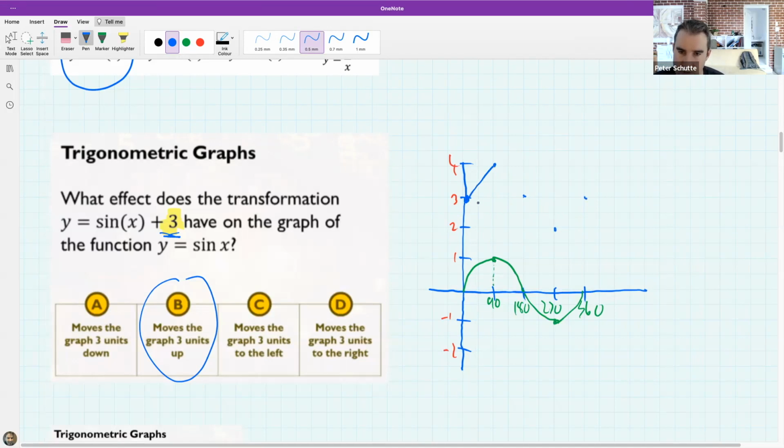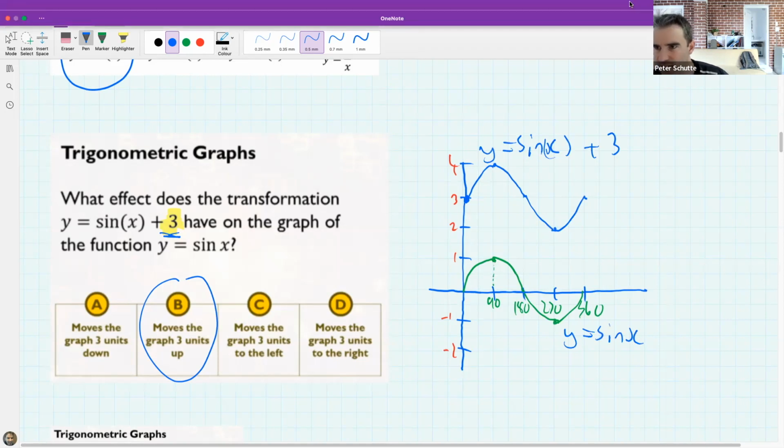So that should be much more curvy. And so this would be the graph of y equals sine x plus 3, just moved up. And so the answer should be B, whereas this one down here is y equals sine x, over the domain 0 to 360.